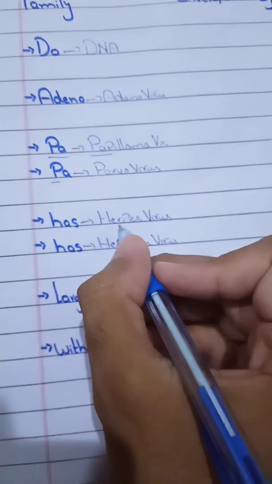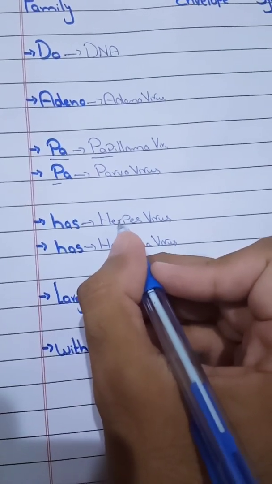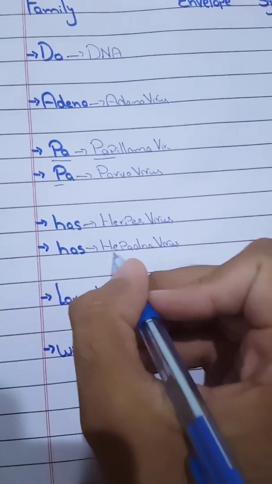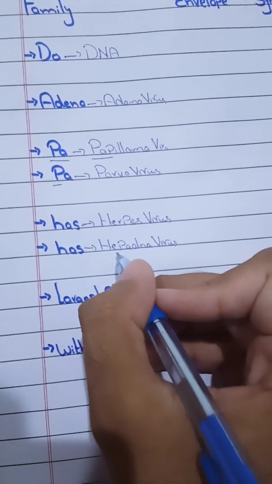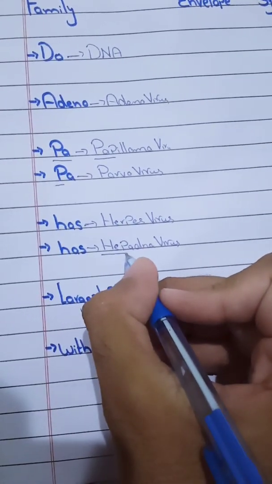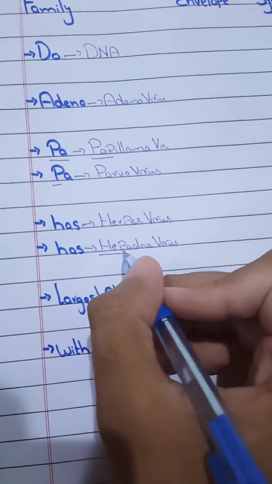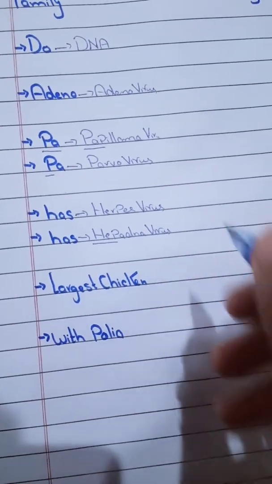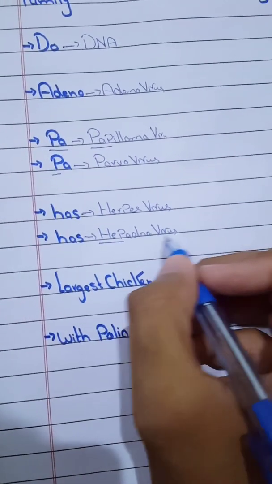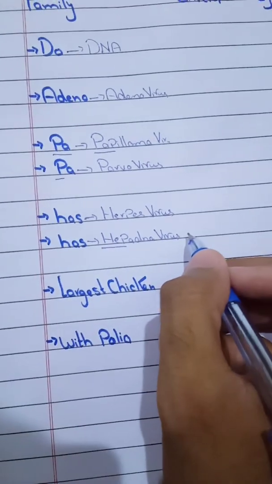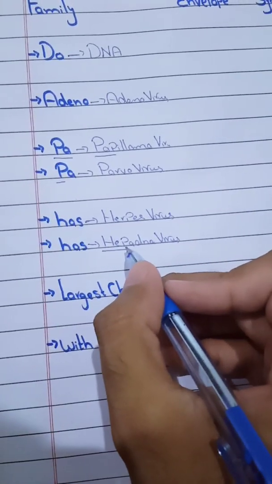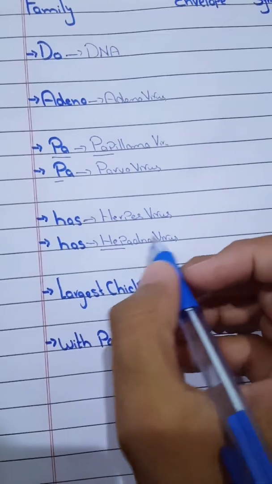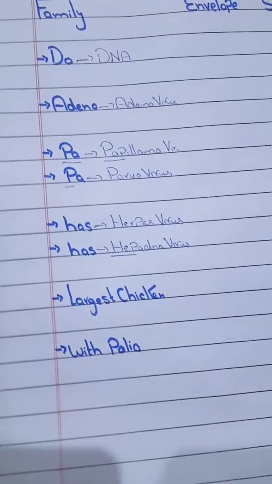If you remove the D and A, what remains? HEP. From HEP what will you remember? Hepatitis. So hepadna viruses are the family which have hepatitis B. From HEP you will remember this is a hepatitis, right? So this is also one.